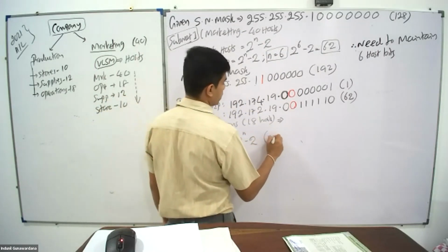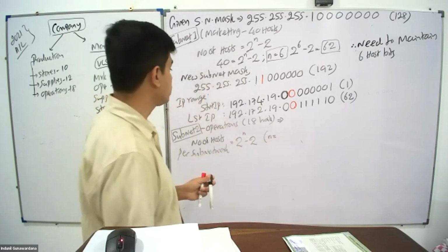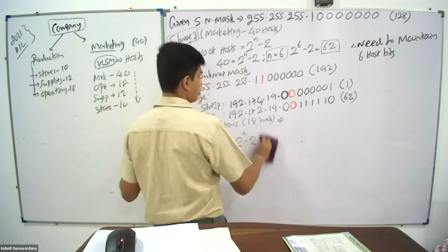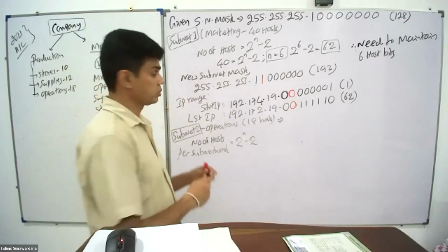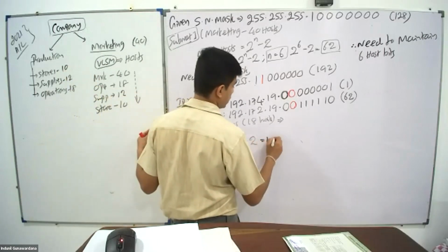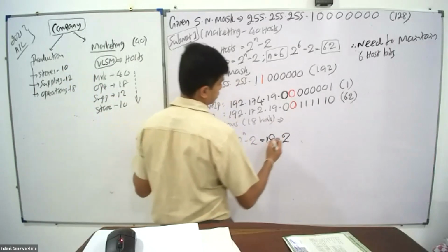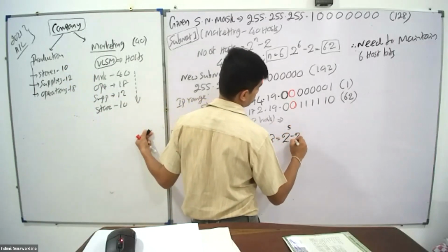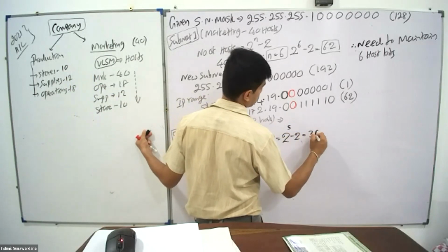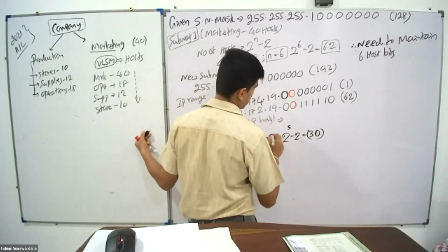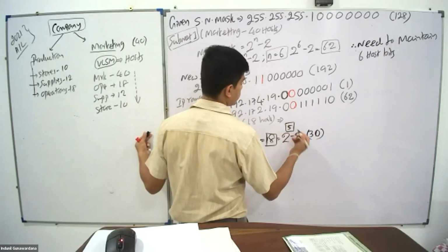Here n has to be calculated. The number of hosts we need is 18. 2 to the power 5 gives 32, minus 2 is 30, which accommodates 18 fine. So this is the one we need to highlight: 5.